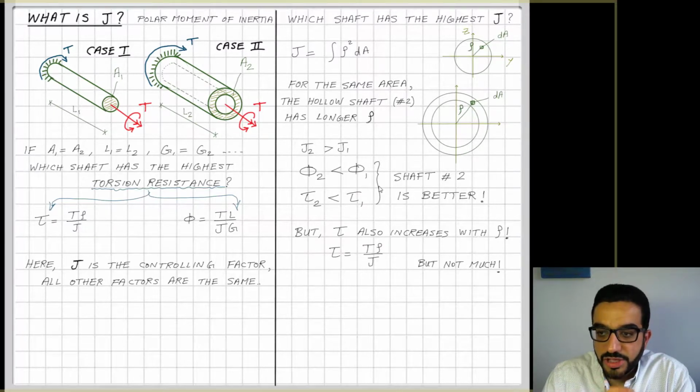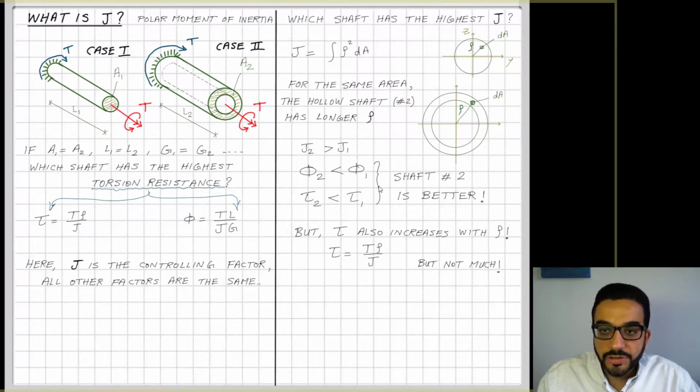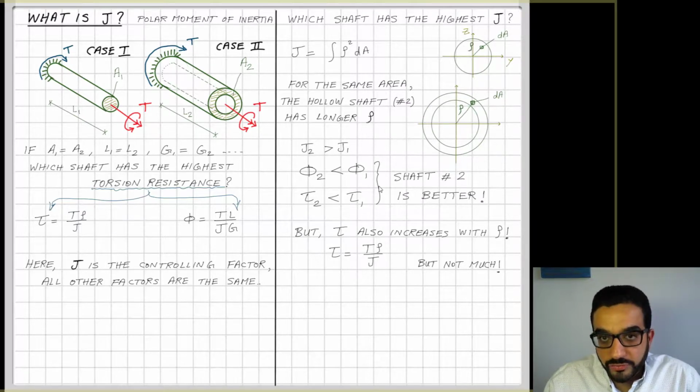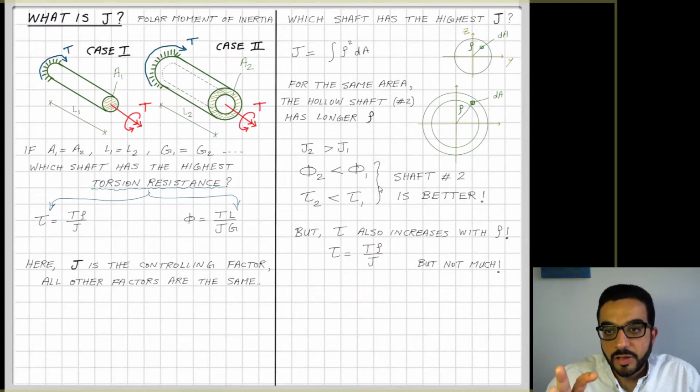But if you look at the J formula for a circular section, it's pi c to the power 4 over 2, and we know rho is a radius that ranges from 0 to c. So you're dealing with a 4th degree relation. So J has 4 times the reverse impact on tau, versus the direct first degree relation between rho and tau.